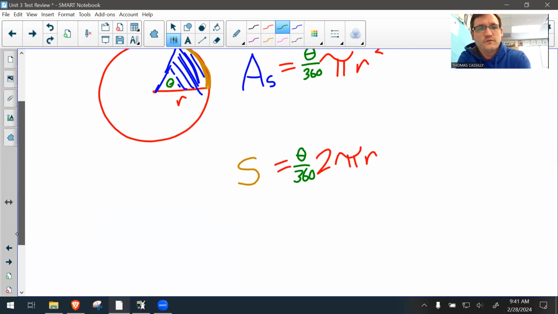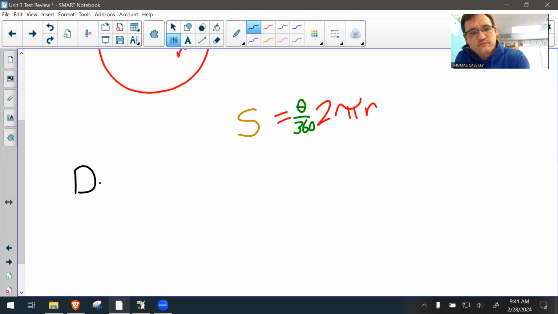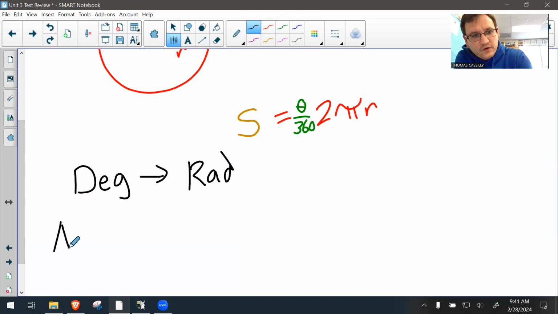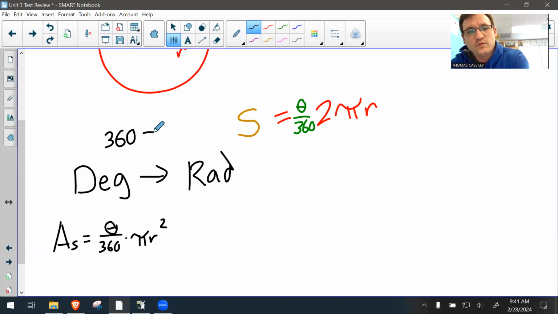If we want to go from degrees to radians, let's think about this. We know the area of a sector is theta over 360 times pi r squared. Well, we know that 360 degrees is equal to 2 pi. So I'm going to swap out that 360 and use theta over 2 pi times pi r squared.